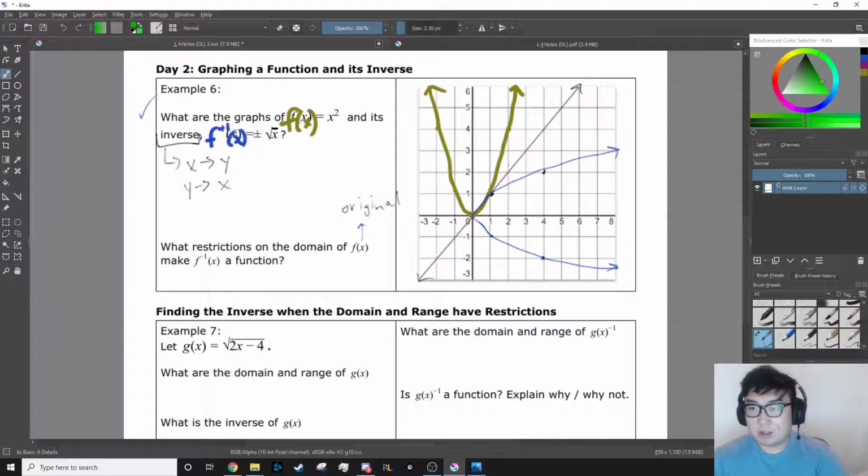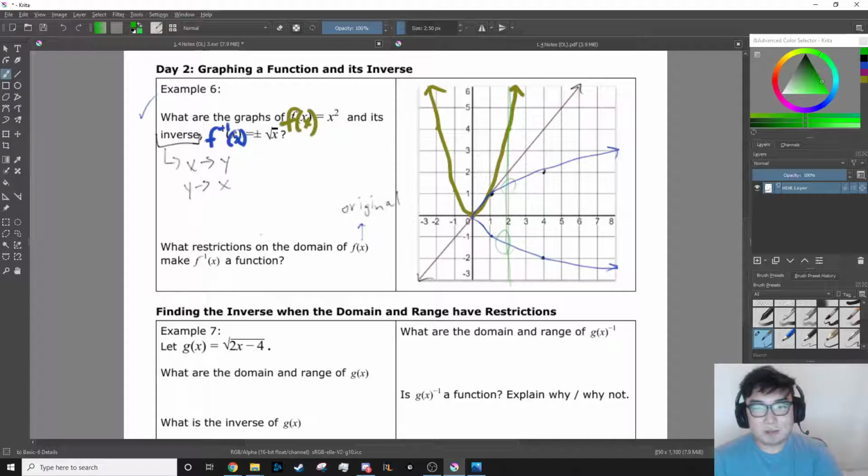If I do the vertical line test like so, I know that I fail my vertical line test here twice, and if I go to the left, twice and twice. So really, I need to cut this graph in half, symmetrically, using the x axis, or y equals 0, as my crease.